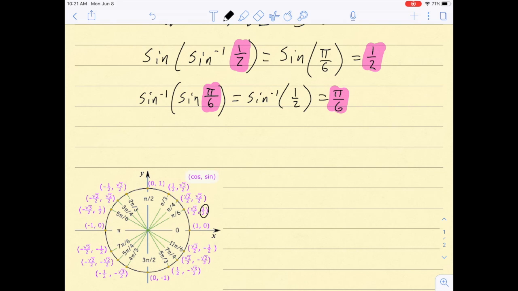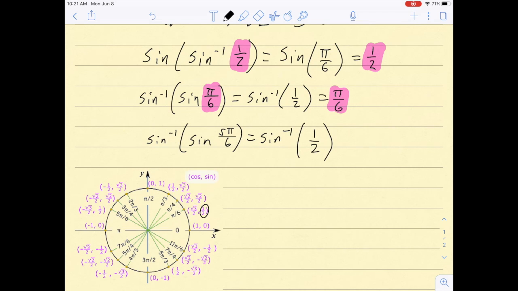All right, one more example where that won't be the case. So now we say the inverse sine of, well, sine 5 pi over 6 is 1/2.